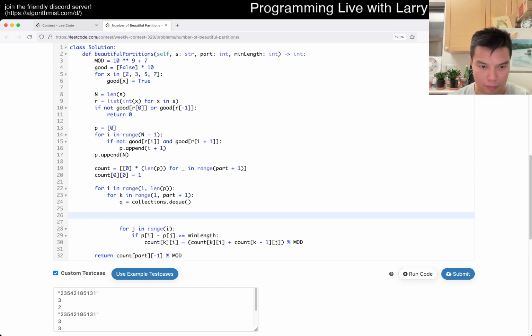So then P sub I and J. How do I do it? Okay. So the sliding window is such that, okay.